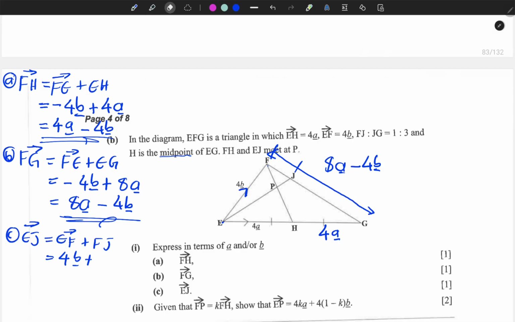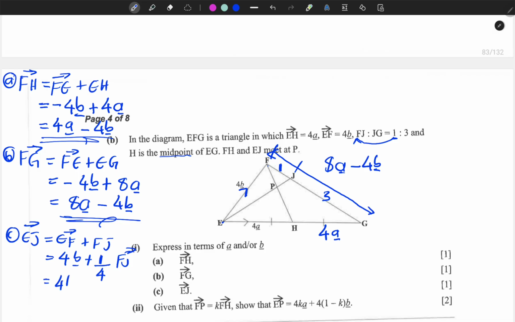So if you look at the numbers, 1 represents FJ, so here there is a 1. Then 3 is JG, so here there is a 3. So the total is equal to 4, so you add 1 plus 3 is equal to 4. So from 4 we just need a 1 over 4, so it's a quarter of the vector FG.